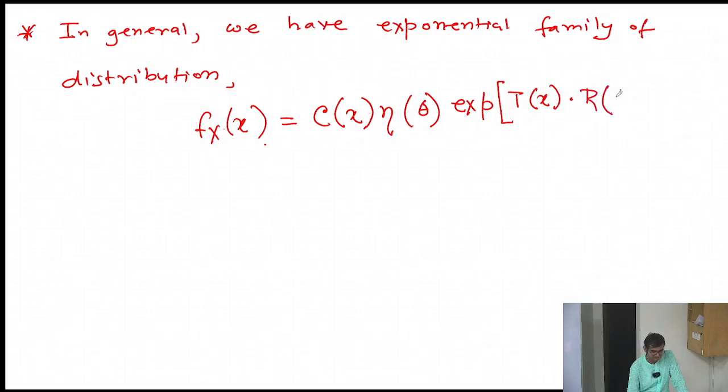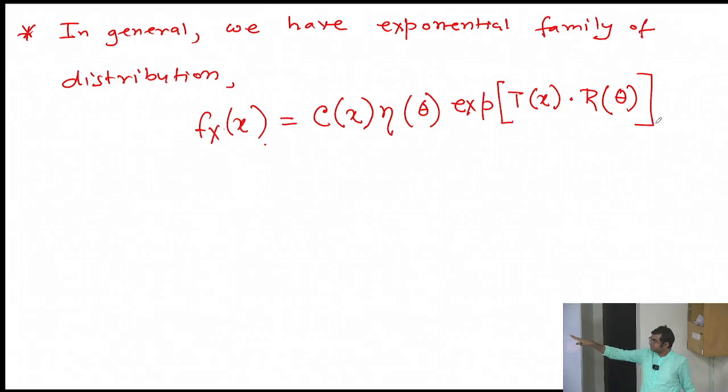Doesn't matter, right? So this is one of the popular forms of the exponential family of distributions. There are alternative forms also. Some forms don't write r(theta), they write only theta. So r(theta) is theta, you can always write. There is no issue with that. But this is one of the popular forms, I will say, of the exponential family.